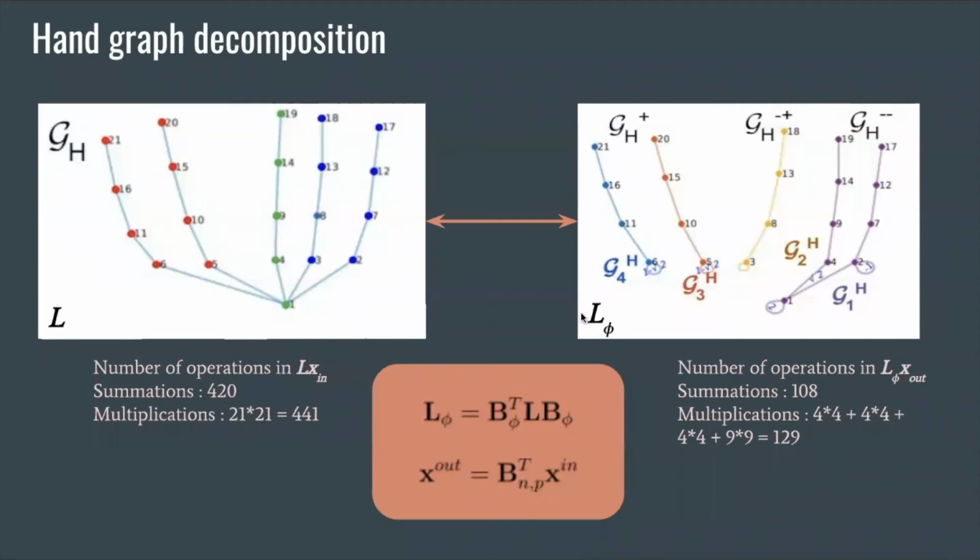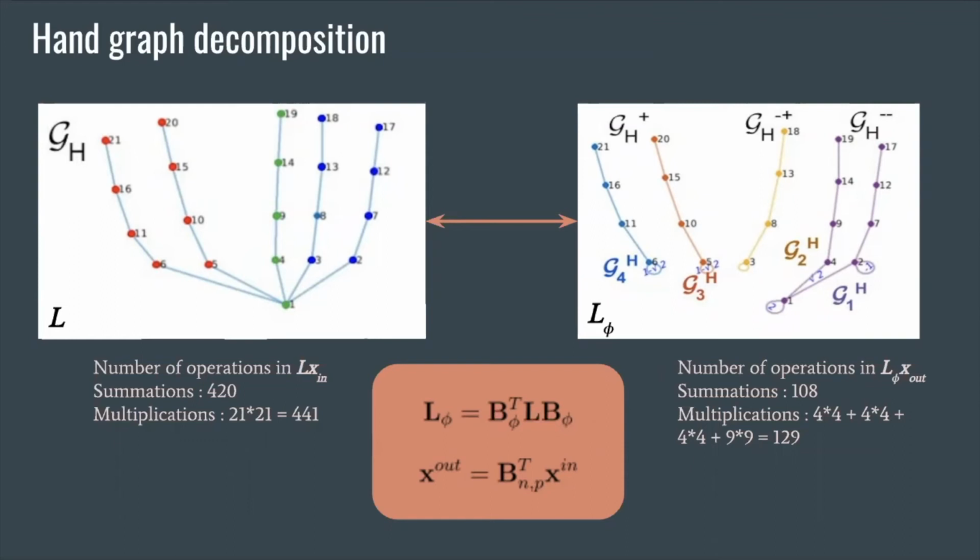As I mentioned before, this is equivalent by their Laplacian matrix. The Laplacian matrix of the initial hand graph is L, and the Laplacian of this smaller graph is L phi. The relation between L phi and L is defined using this equation, where B is a Haar unit-based orthogonal matrix.